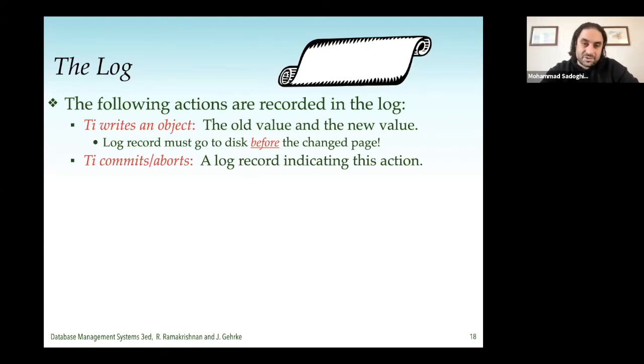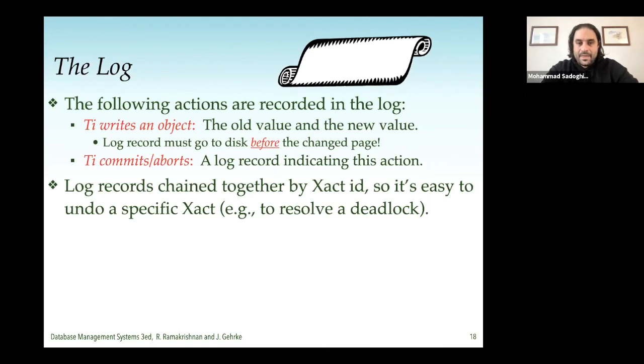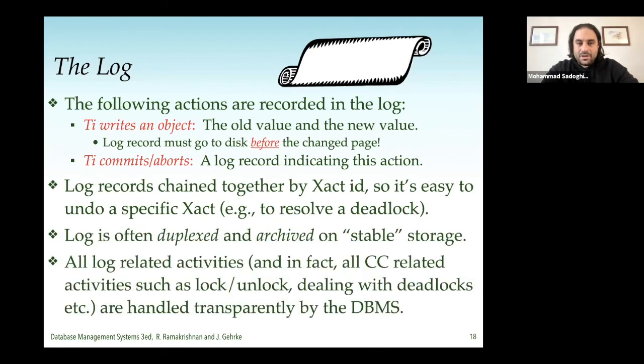If there's a commit entry in the log, it was committed. If there's no commit entry, it implicitly means it was aborted. And if there's an explicit abort in the log, it also means it was aborted. So the commit and abort decision tells us whether we should redo or undo the actions of a transaction. And again, the log needs to be written on the persistent storage before the commit time.